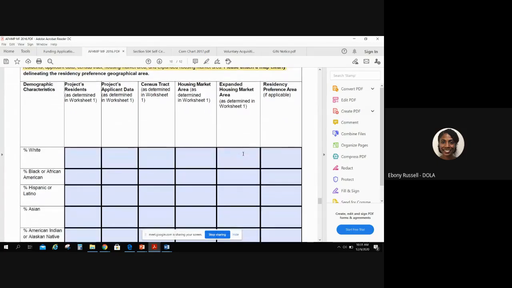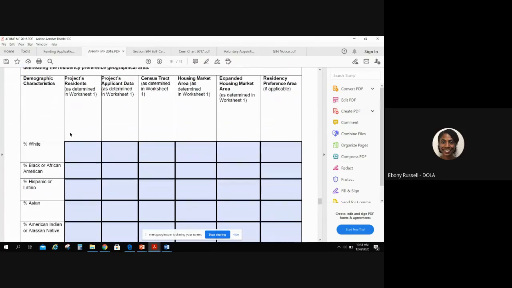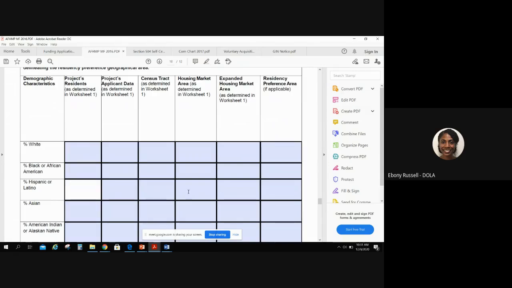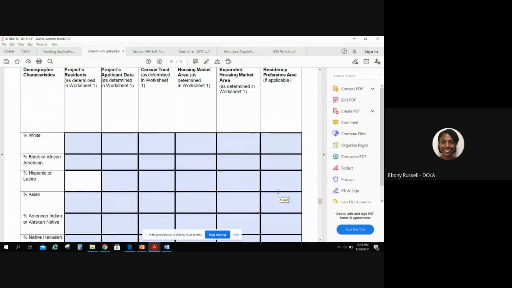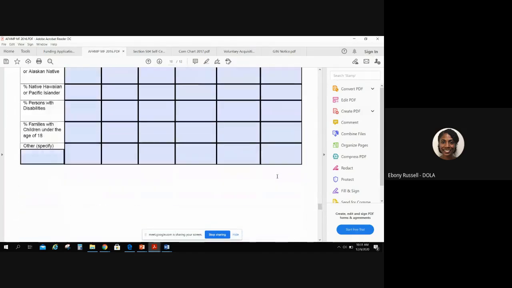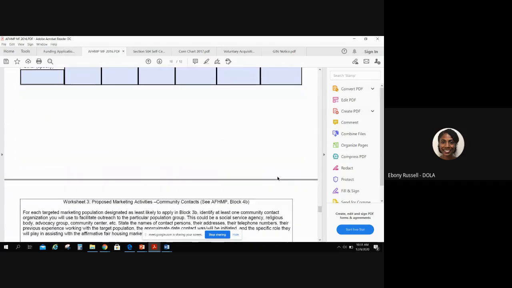Excuse me, I'm kind of rambling right now, but if you look at this form, you can just look and see, does my residency preference area match the percentages of residents for the Hispanic or Latino community? And if they do, then you know that you can use that as a preference point.